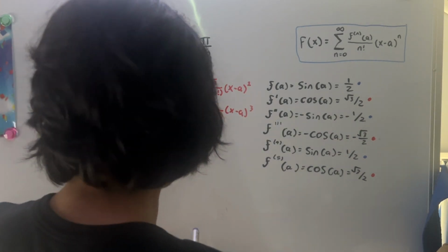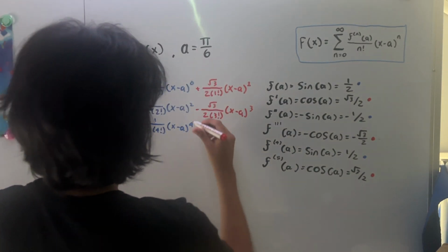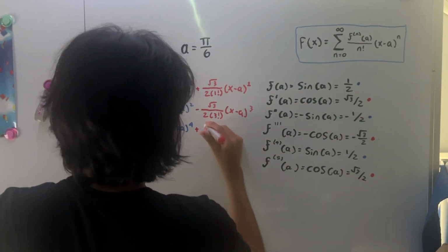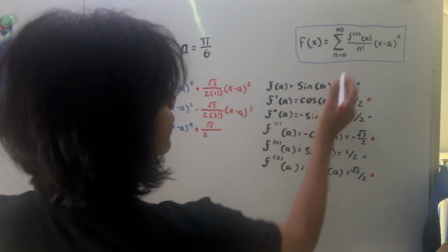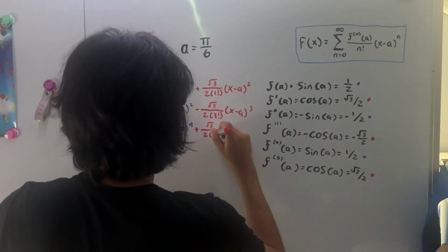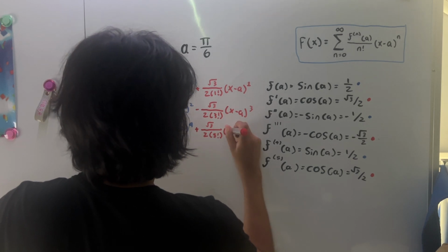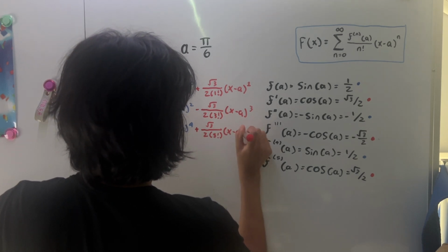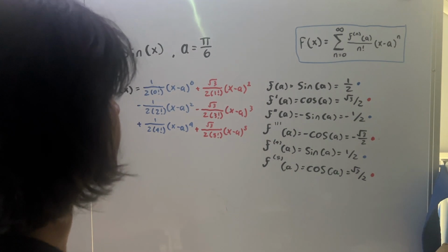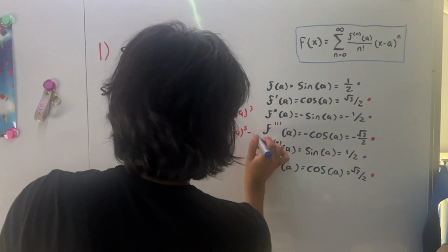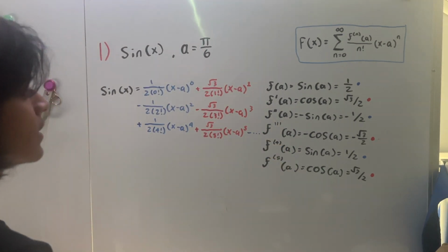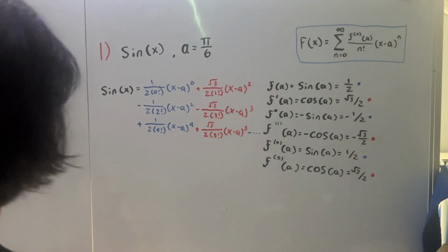And now when n is equal to 5, we get plus square root of 3 over 2. And now in the denominator, we're going to have 5 factorial. And then we have x minus a to the 5th power. And now we keep going. The next term is going to be negative, and it keeps on going forever.